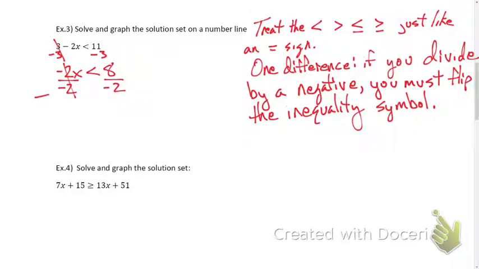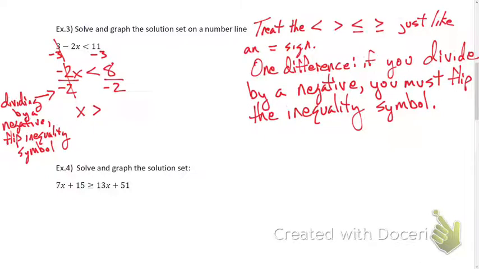This is a negative, which means I need to flip the inequality symbol. So now I have x is greater than -4. So I just flipped these two.